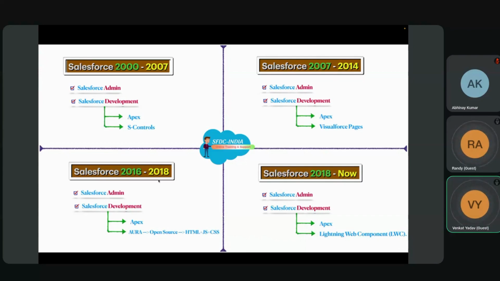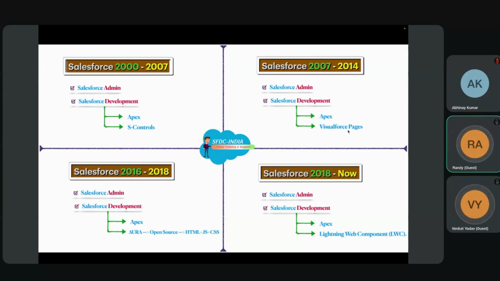And after 2014, what happened? They brought Aura components instead of Visualforce pages. Why? Till 2014, we generally used a laptop for any transaction, we used internet banking. But around 2014 we got mobile banking, and mobile usage increased. Visualforce pages do not support the mobile view.